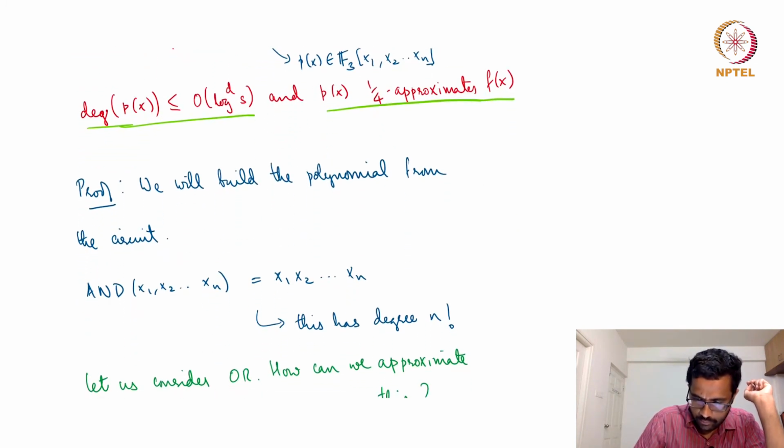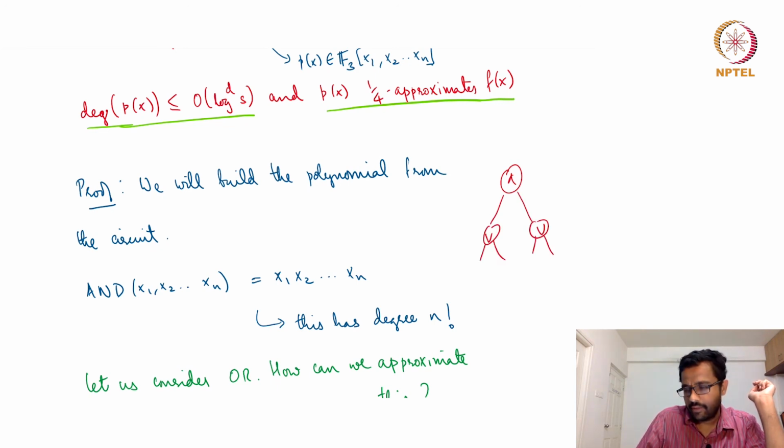Maybe I'll say it now. Suppose you have an AND of, let's say, 2 ORs, and maybe there is a NOT somewhere here.